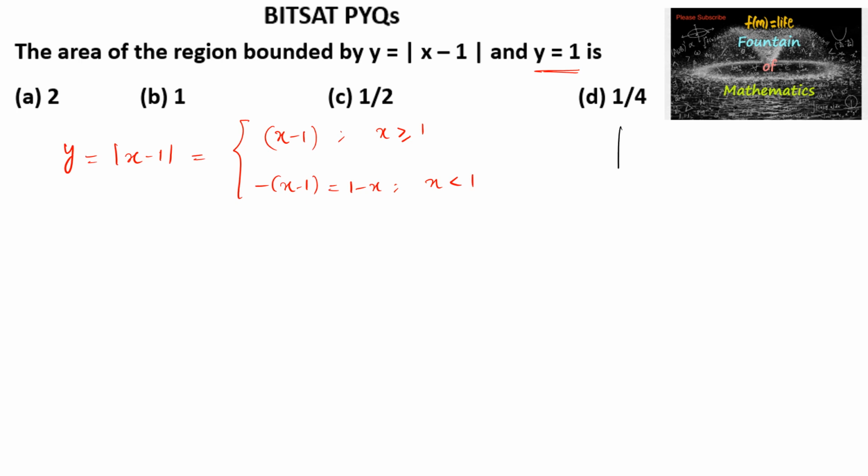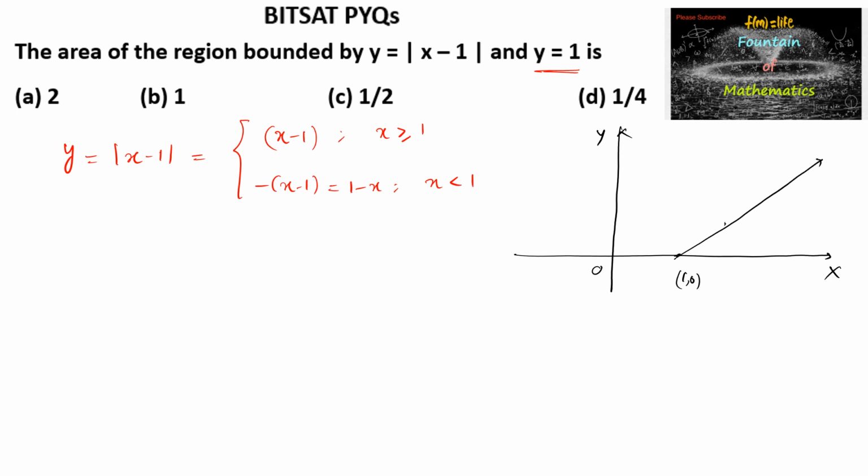So we can see the graph. At x is equal to 1, we can say the y value is 0, and when x is equal to 2, 2 minus 1 is 1, means you are getting the graph.